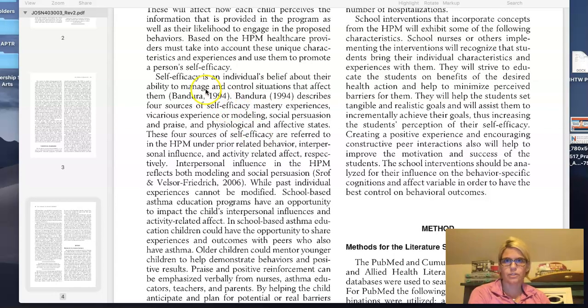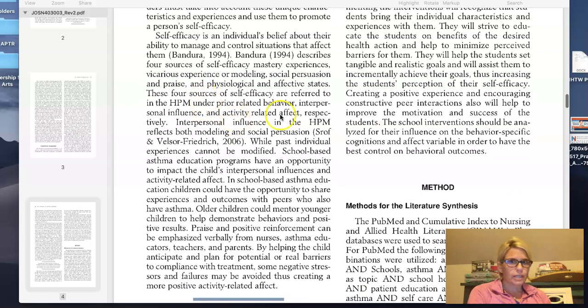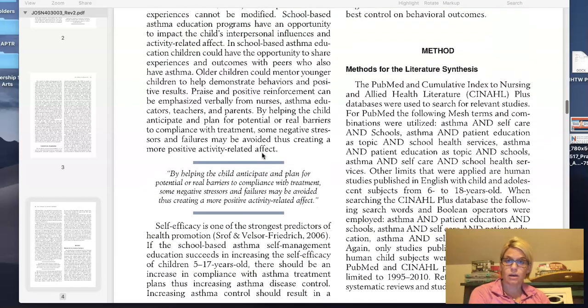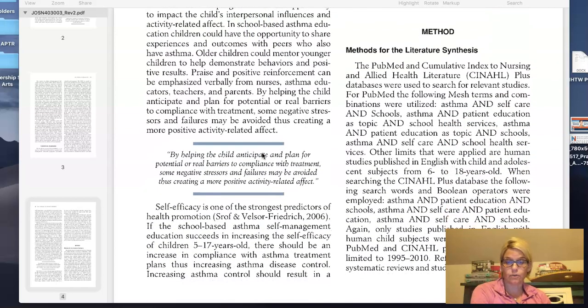So then she goes on to talk about self-efficacy and really explains what that is and the influence that it has on people being successful in their own care. Here she says it really well in this one paragraph. "Self-efficacy is one of the strongest predictors of health promotion.